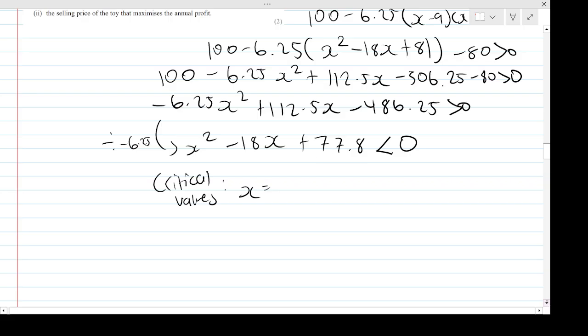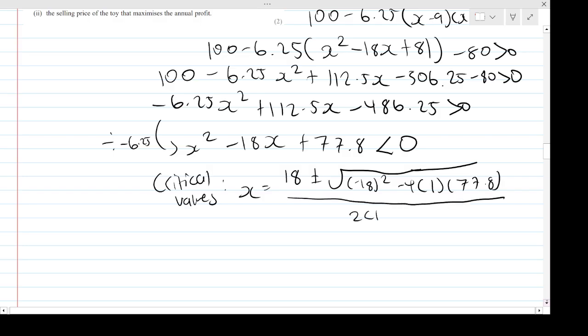So x is simply going to be minus of minus 18, which is positive 18, plus or minus the square root of minus 18 all squared, that is 18 squared, minus 4 lots of 1 lots of 77.8, all over 2 lots of 1. So the critical values would be 45 plus or minus 4 root 5 over 5.